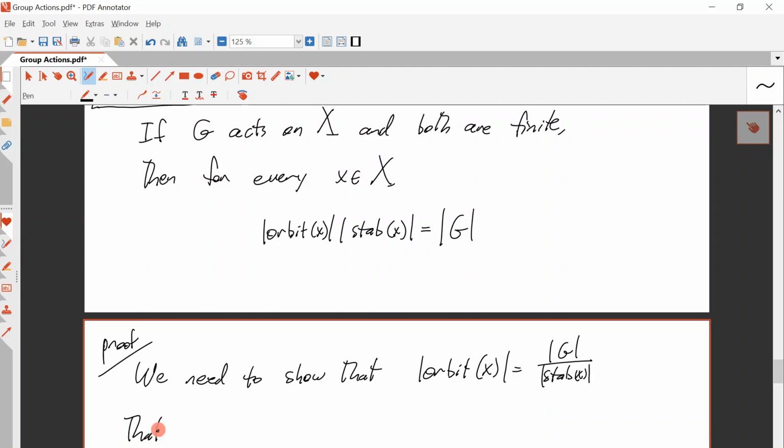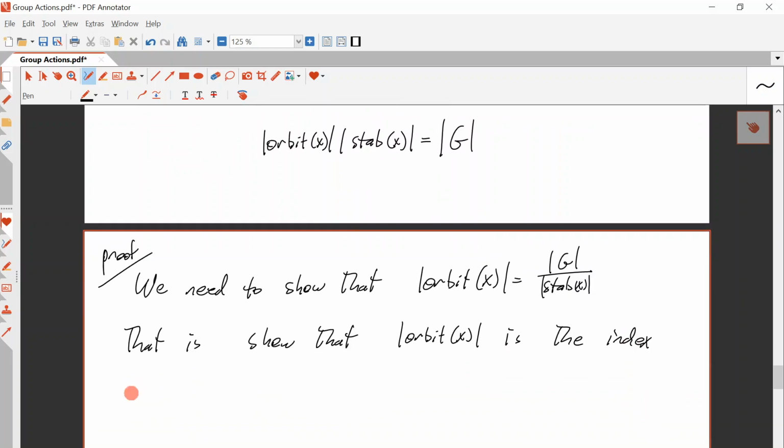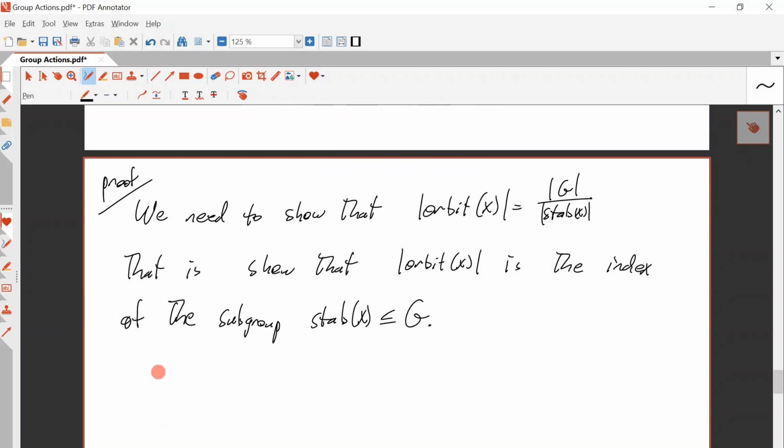That is, show that the size of orbit x is the index of the subgroup stabilizer x in G. All right, so the size of the orbit is actually the index of the stabilizer, is what that is saying.